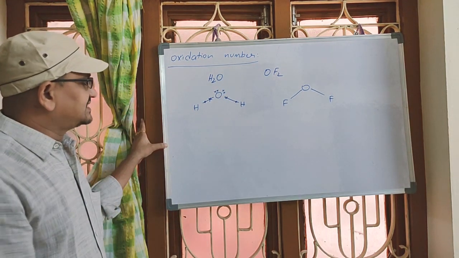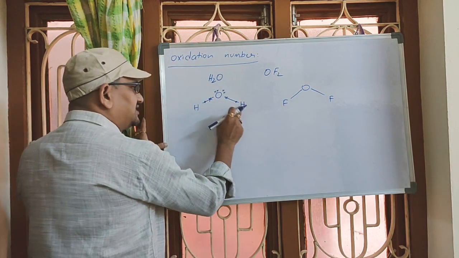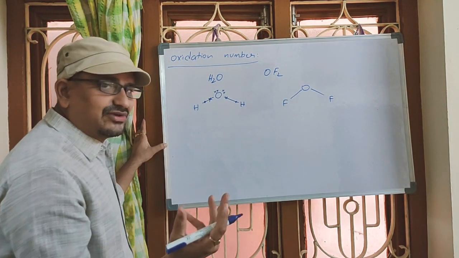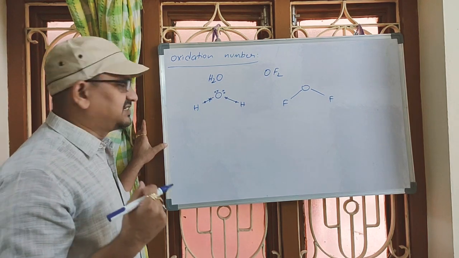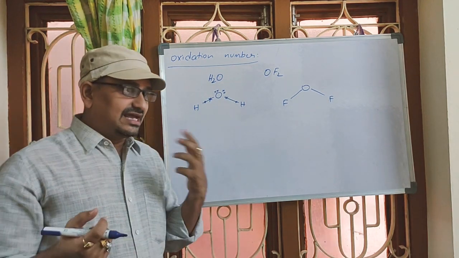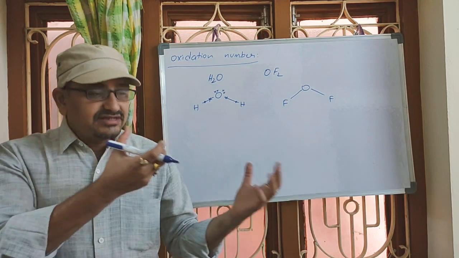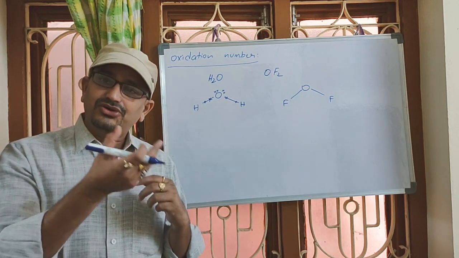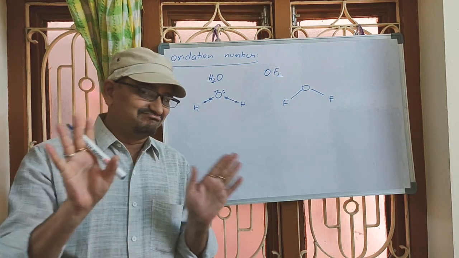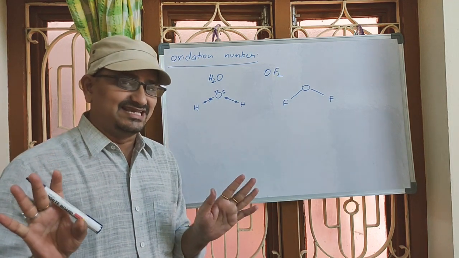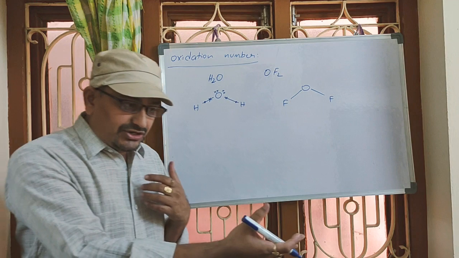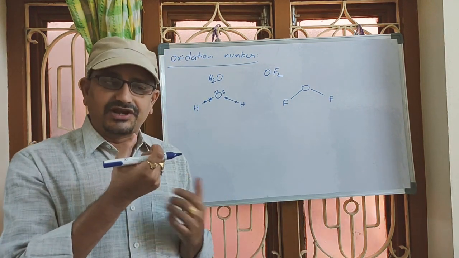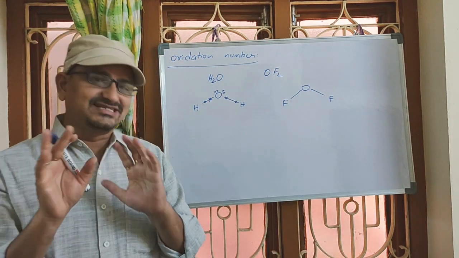Now you see, among H and O, which is more electronegative? You might have studied the electronegativity concept earlier. Electronegativity is the ability of an atom to attract the shared pair of electrons more towards itself, not to gain. I didn't use the word gain. That's it.